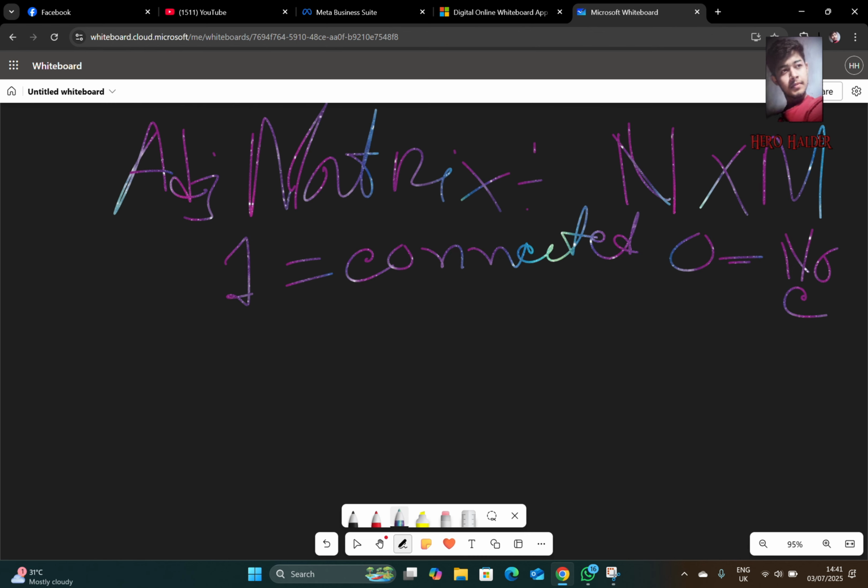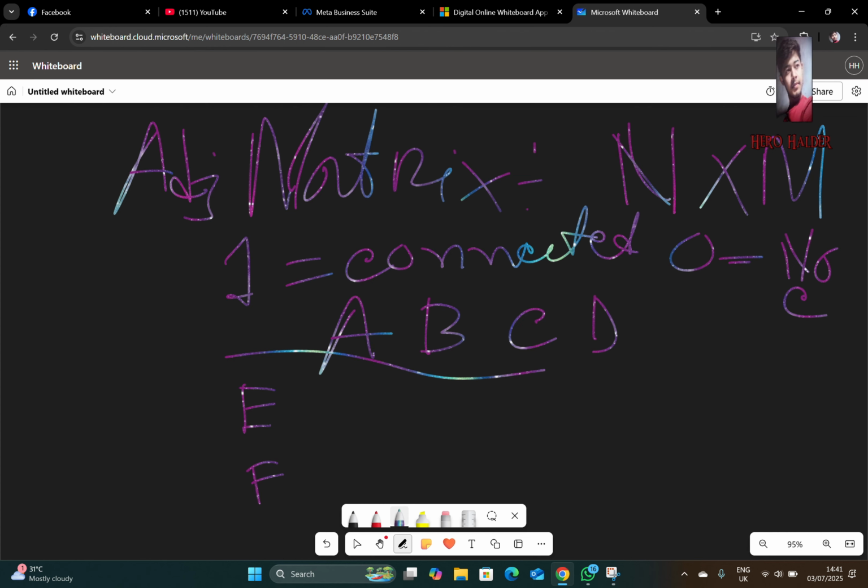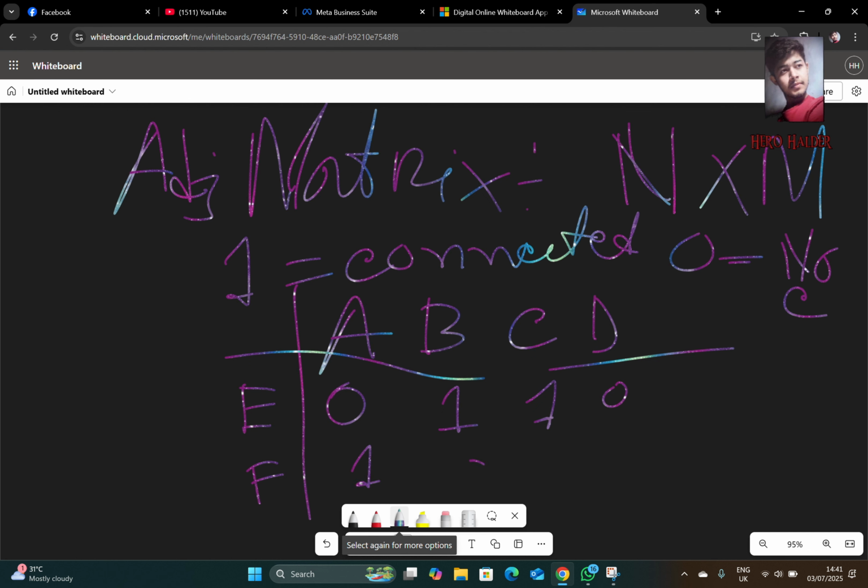For example, A, B, C, D, E, F. Here we can see E and A have no connection, B and E have a connection, E and C have a connection, and D and E have no connection.